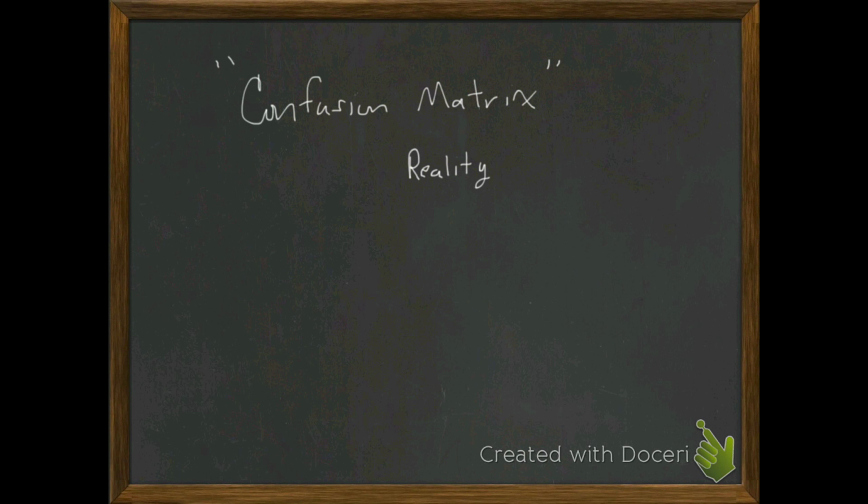And the reality is we either need to support H sub O or H sub A. In decision making, we either reject H sub O, or we fail to reject H sub O.